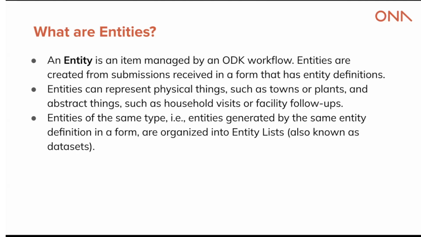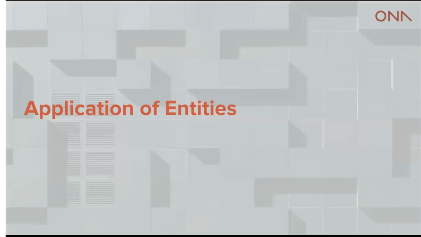So you can use entities to define any of the items or patterns depending on the project that you're running. Entities of the same type are generated by the same entity definition in a form and are organized into entity lists, which can also be referred to as data sets.